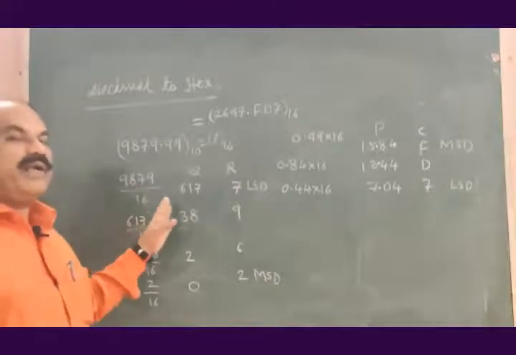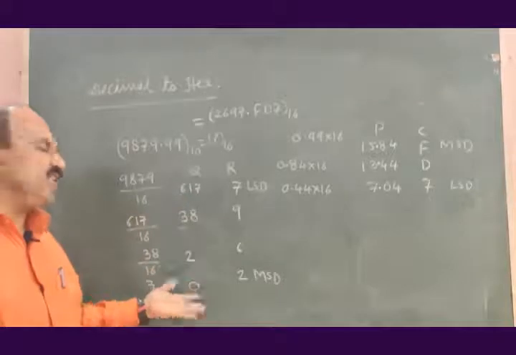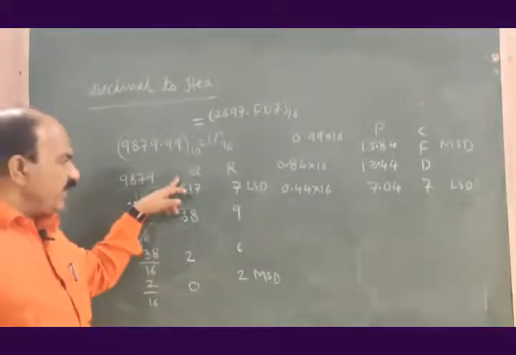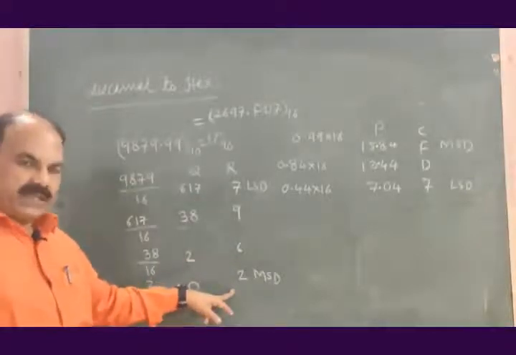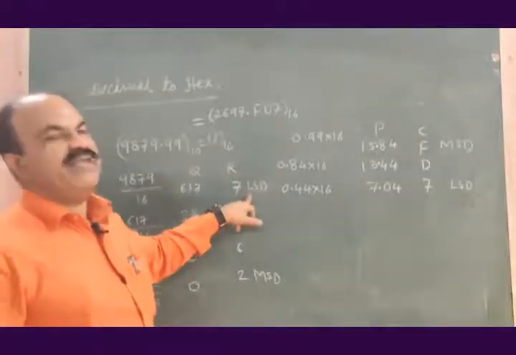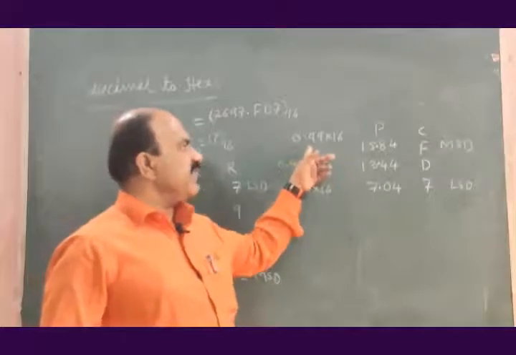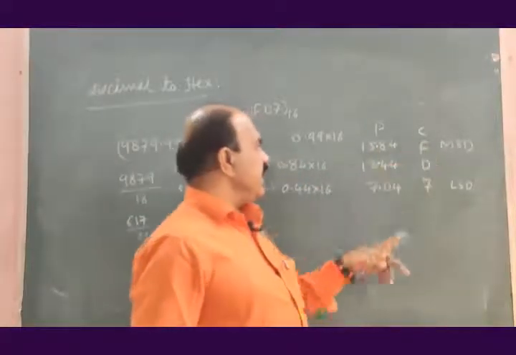For the integral part, we shall divide the number successively by 16 till we get the quotient 0, and for every integer division we shall note the remainders. Last remainder will be MSD, first remainder will be LSD. For the fractional part, multiply the fractional part by 16, note the product and carry.